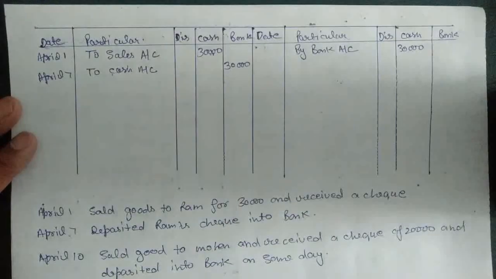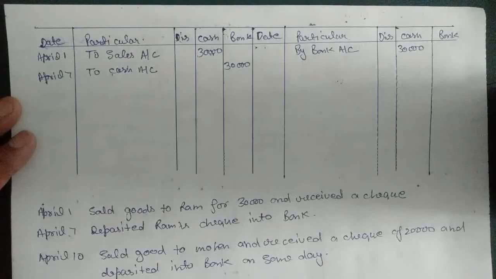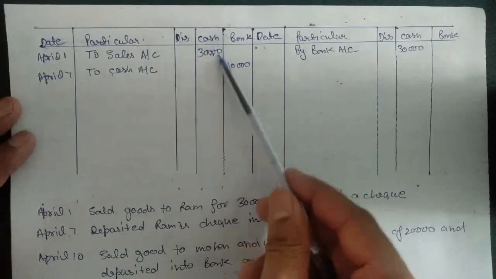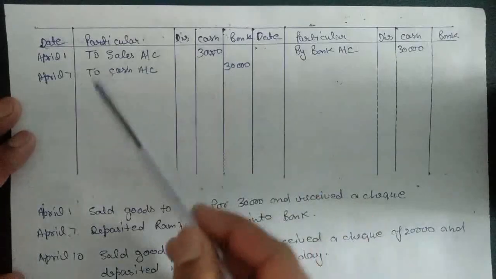But when they clearly mention that we are depositing that check on some other date, as in this question where they clearly mention we are depositing on April 7, not on the same day, then on the day of the sale we first receive that amount into the cash in our cash book.